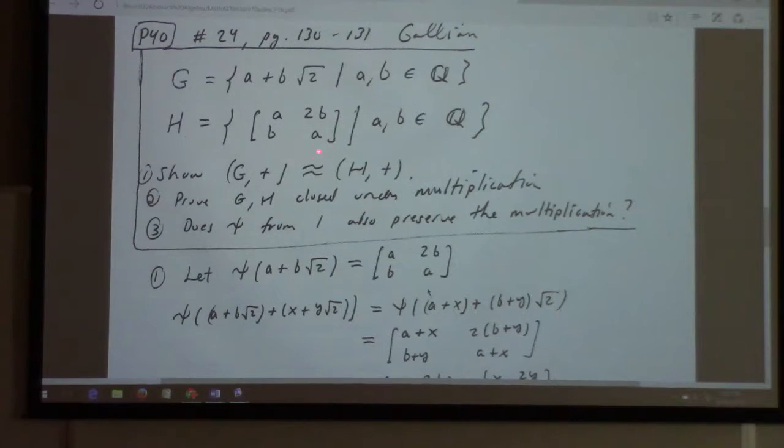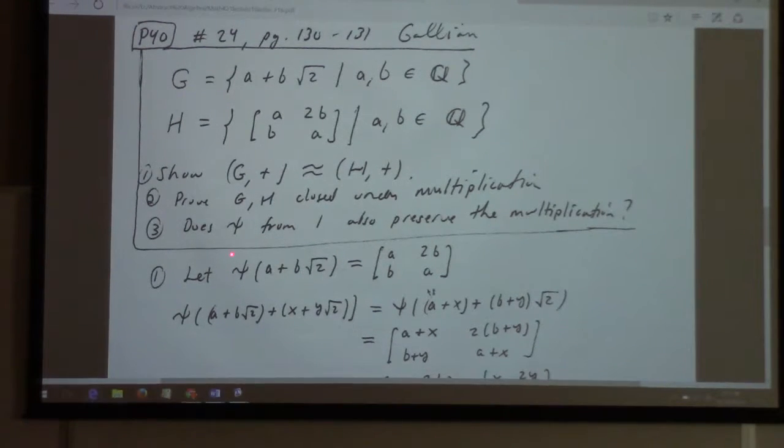Then we've got these quirky 2x2 matrices, again with rational entries, A, 2B, B, A. We're supposed to show that G and H are both additive groups, and that they're closed under multiplication. We're also asked if psi, the isomorphism from one to the other, preserves the multiplication.